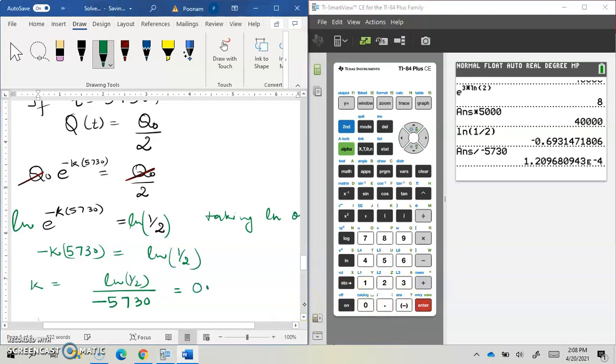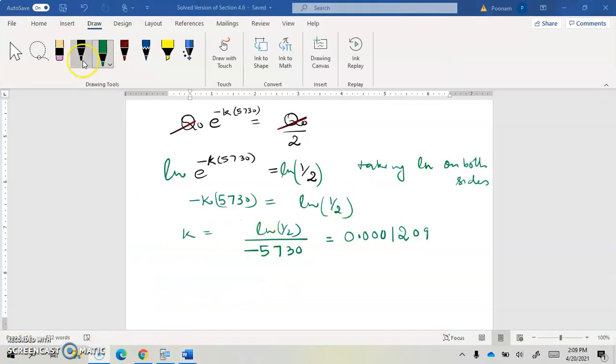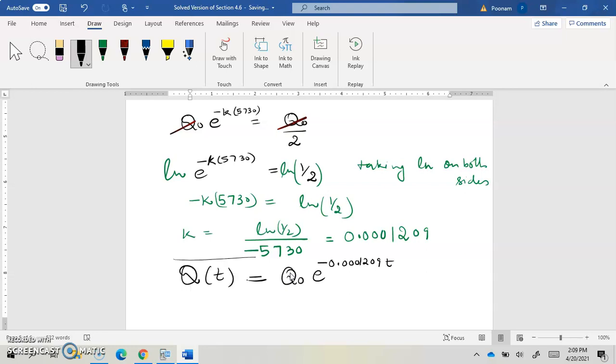So we have 0.00012009. So what we are concluding here is that our decay function is equal to Q naught, whatever Q naught is, that is the initial value, times e raised to power negative 0.00012009 times t. In t number of years, carbon 14's amount can be written as this value, where Q naught is the initial value.